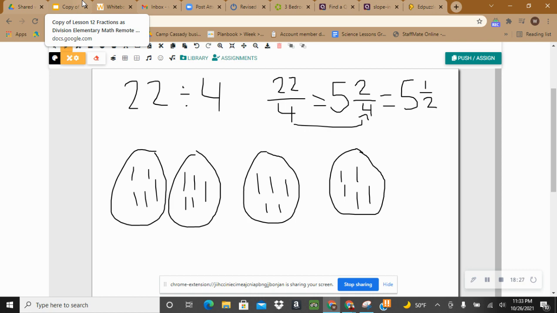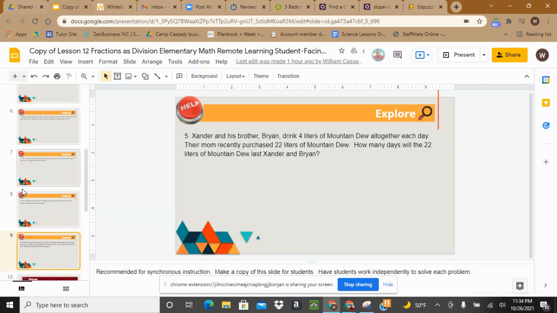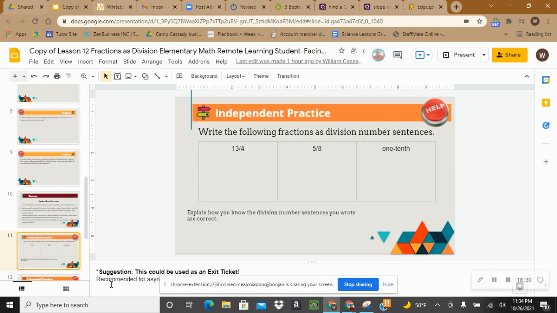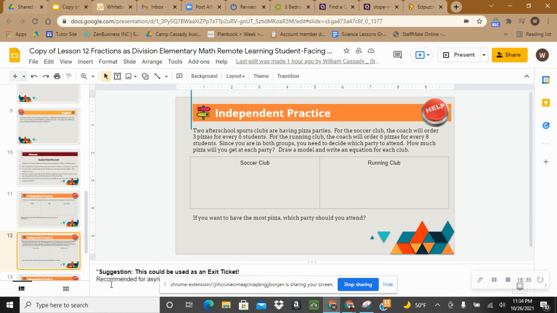Now we're going to look at page 33, Picturing the Perfect Pizza Party. Two after-school sports clubs are having pizza parties.